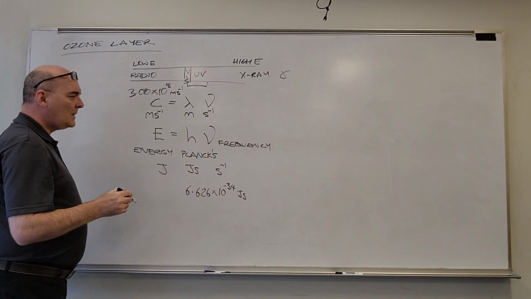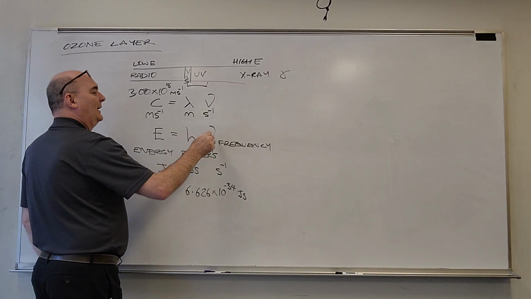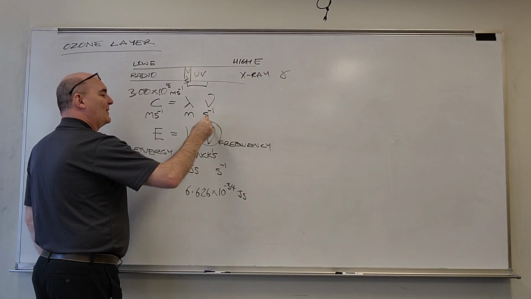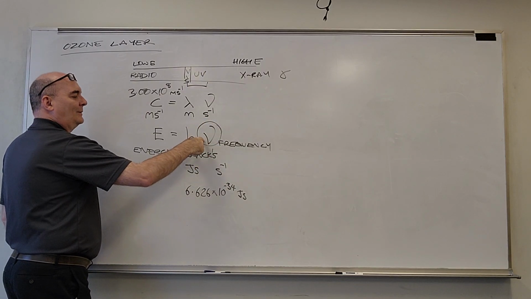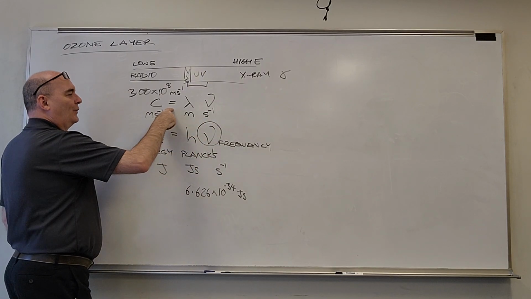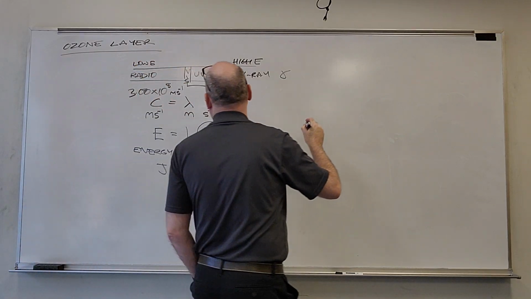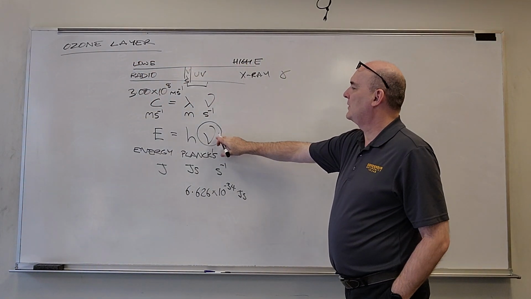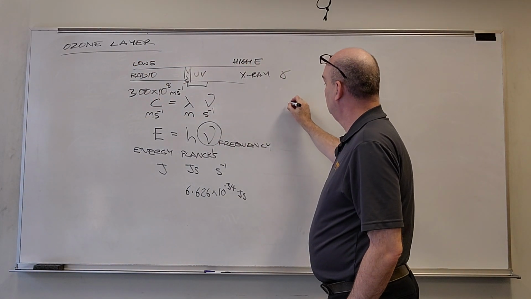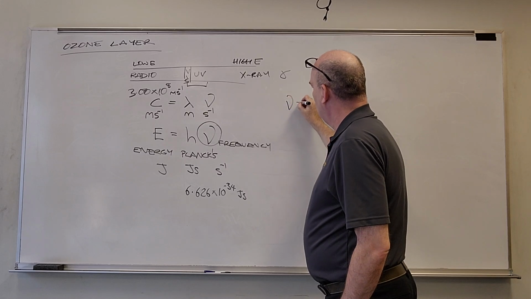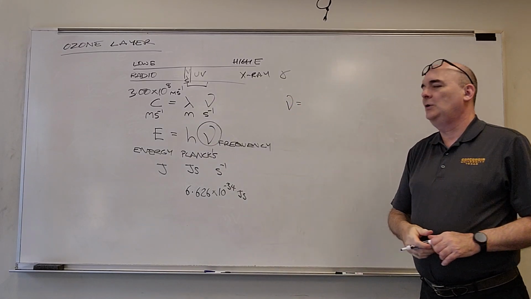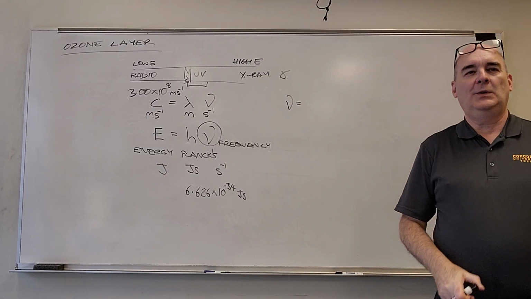Okay. So what we're going to do is substitute that value out. I'm going to rearrange c equals lambda nu in terms of nu. If c equals lambda nu, what does nu equal?